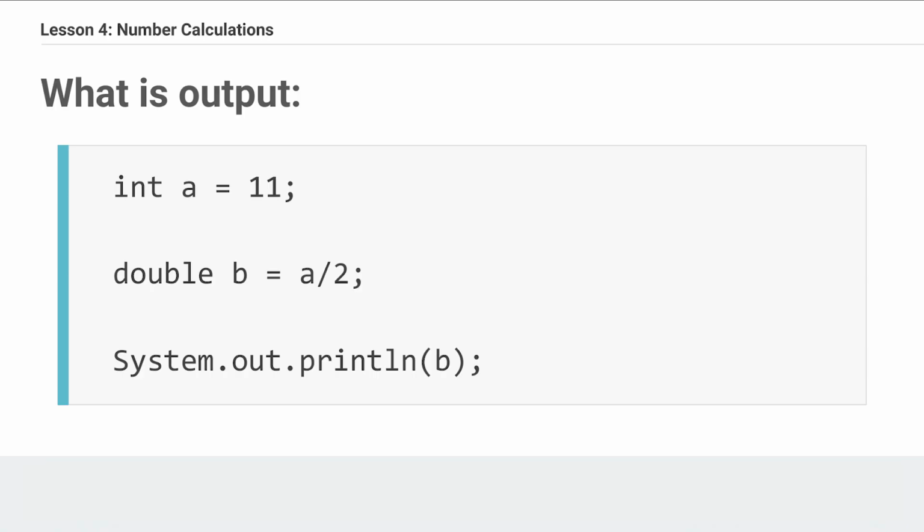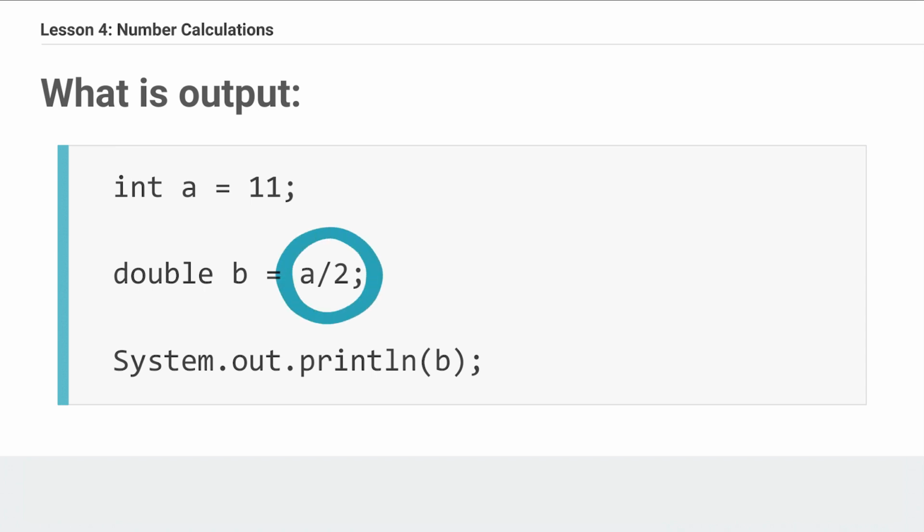Now, let's look at another example. I have int a equals 11, double b equals a divided by 2. Now, you would think that because I have a double here, Java would be just fine and we would get 5.5. But again, the way Java does this is it actually starts over here. It does all the calculations first, and then it does the assignment. So the equal sign, with order of operations, happens after all the multiplication, division, addition, and subtraction has been taken care of.